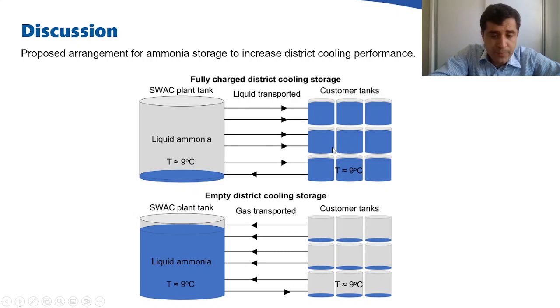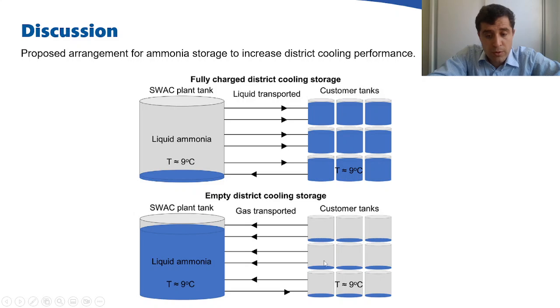Of course, you always have to be storing the same amount of liquid, because if not, the pressure of your system will increase. So what you can do is, when your demand for cooling is low, you increase your tank close to the SWAC plant, and then you transport the liquid to the customer when the demand for cooling is high.